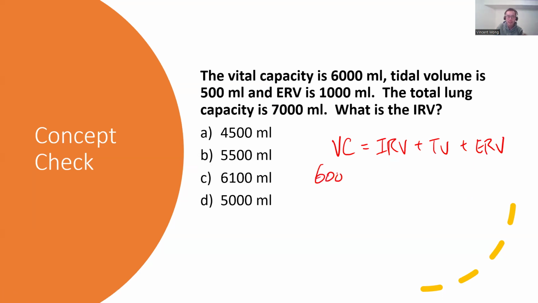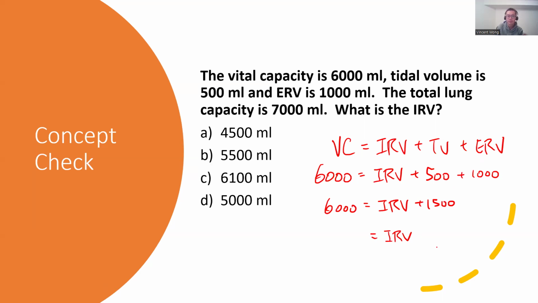So vital capacity is 6,000. We don't know IRV. Tidal volume is 500. Expiratory reserve volume is 1,000. So that's IRV plus 1,500 equals 6,000. You can subtract 1,500 from both sides, and you will get 4,500. So there will be a similar calculation for the test.